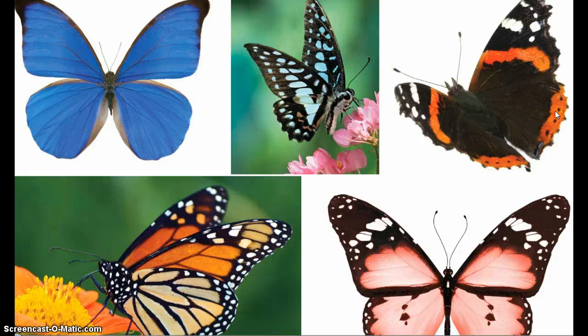The largest butterfly in the world is named Queen Alexandra birdwing. Its wingspan is 12 inches wide. It lives in the rainforests of Papua New Guinea. The smallest butterfly in the world is the western pygmy blue from Africa.